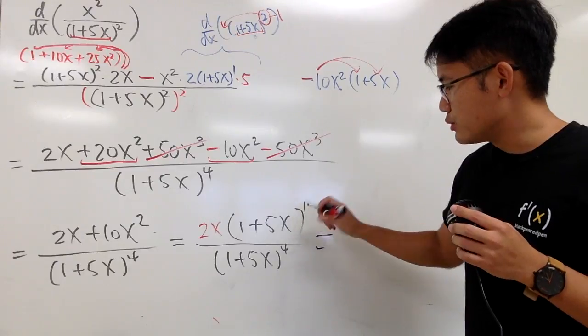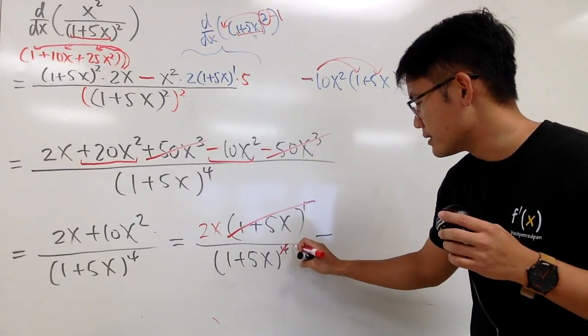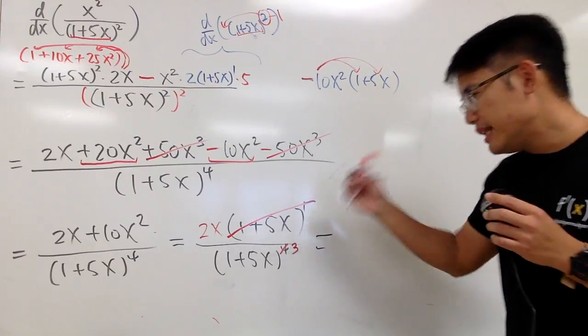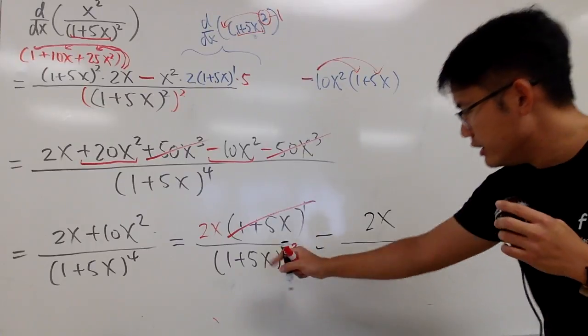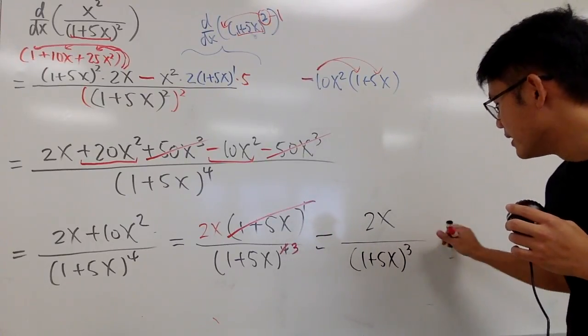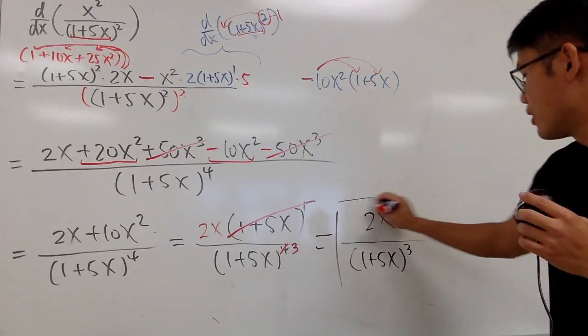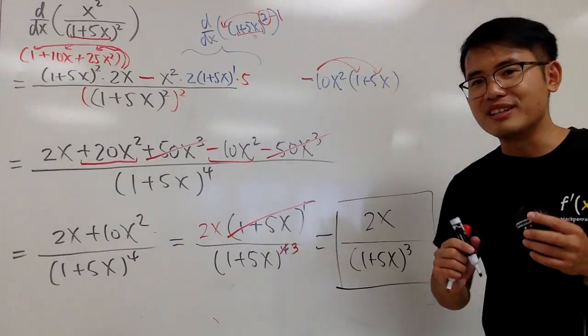So remember, this is to the first power. We can cancel one of them out, right? So this becomes the third power. In the end, we have 2x on the top over this, which is 1 plus 5x, and then raised to the third power. And you cannot get any simpler than this, so this right here is the answer.